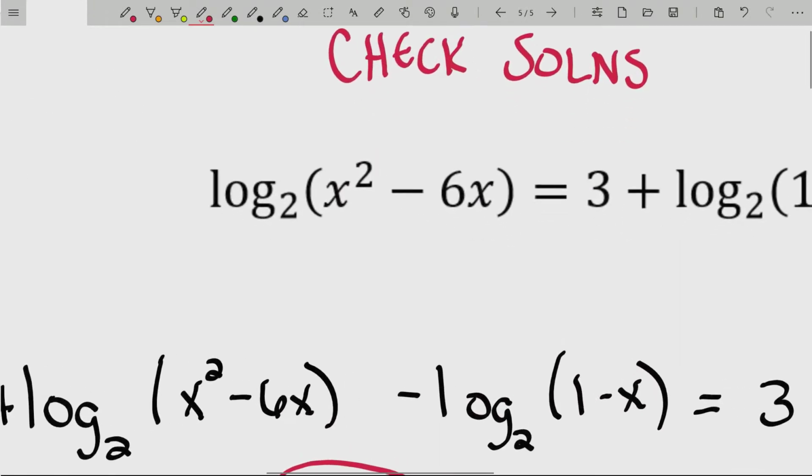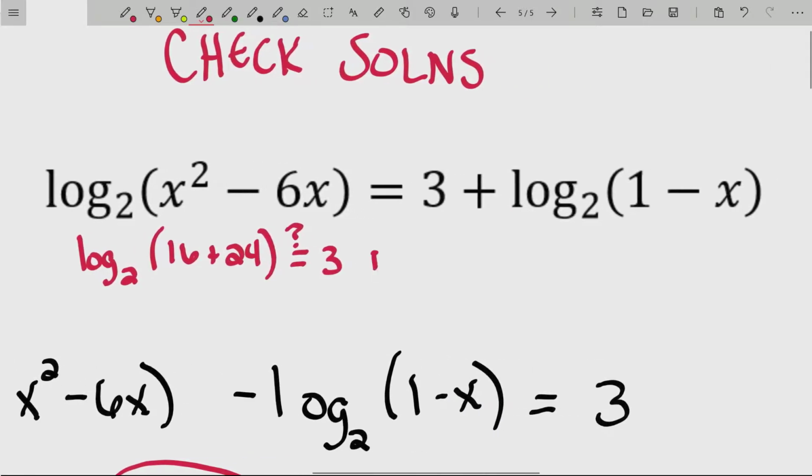If you plug negative 4 in, you'll get 16 minus 6 times negative 4, or plus 24. That is okay to plug into a logarithm. We're fine. The question is, is that equal to 3 plus log base 2 of, again, 1 minus negative 4, or log base 2 of 5?